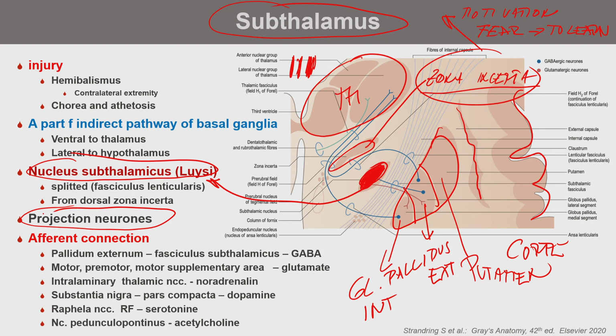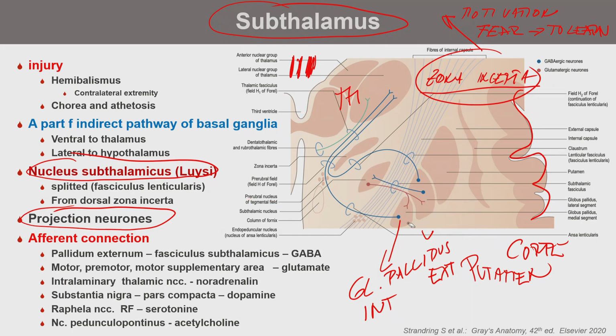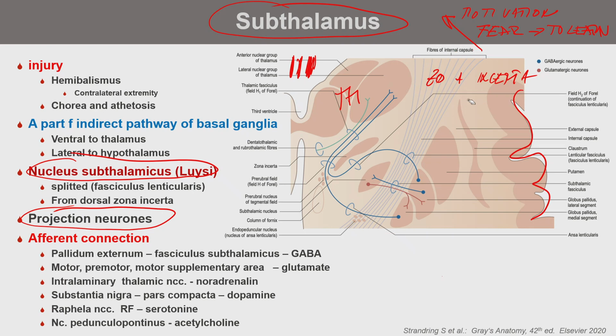The projection neurons here, like seen here, and the relations are very important. So from the subthalamic nucleus, you have a projection into the basal ganglia, into the globus pallidus.